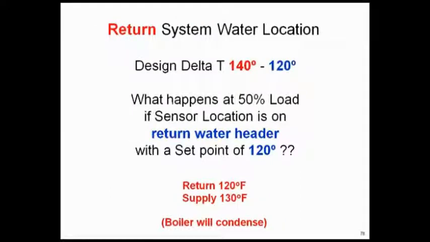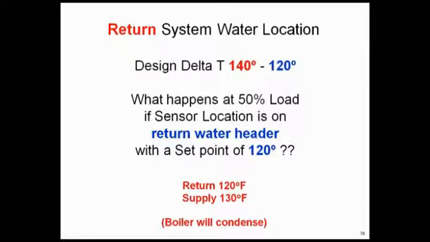What would happen if we went to the return side? What if we said, okay, we're going to control this on system return? We're going to hold that system return at 120 because we know at 120 it's always condensing with natural gas, which is what we're after. Ask the same question. At 100% full load, you'd have a supply of 140, you'd have a return of 120, and you're controlling to the 120.